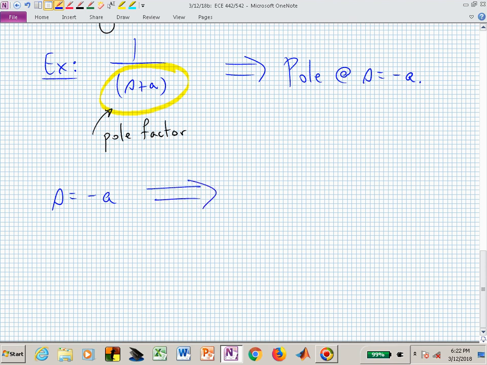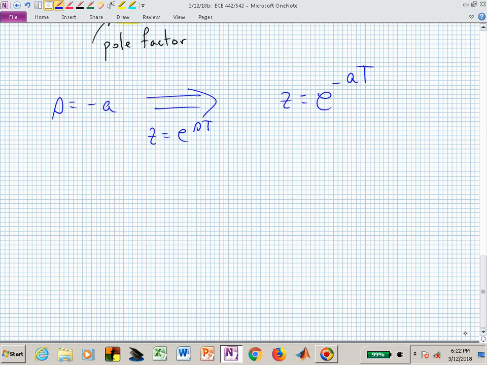S equal to minus A mapped through z is equal to e to the sT now says that I have z is equal to e to the minus AT. And if I want that to be a pole factor, so this could be a zero factor, but I can make it a pole factor by putting it in the denominator.